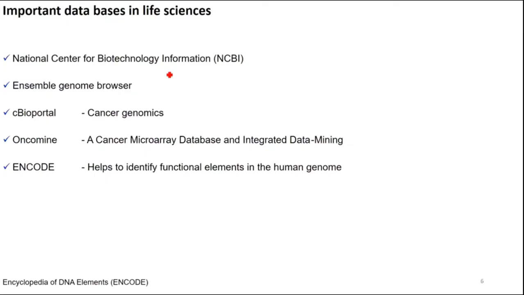From these databases, these are the NCBI and the Ensembl gene browser, genome browser, and cBioPortal is utilized for cancer genomics, and Oncomine is also utilized for the mining of data about different types of cancer. ENCODE also helps with the analysis of the genome in humans.